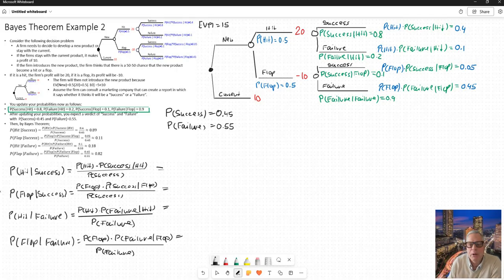We already know the overall probability of success is 0.45. So here in the denominator we have 0.45. Here in the denominator we have 0.45. Here, for the probability of failure, we have 0.55.